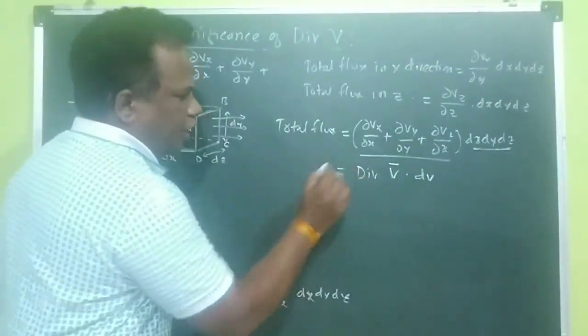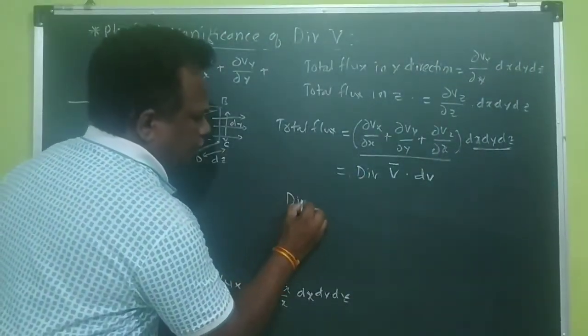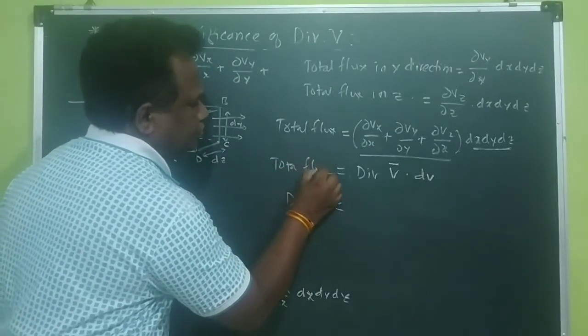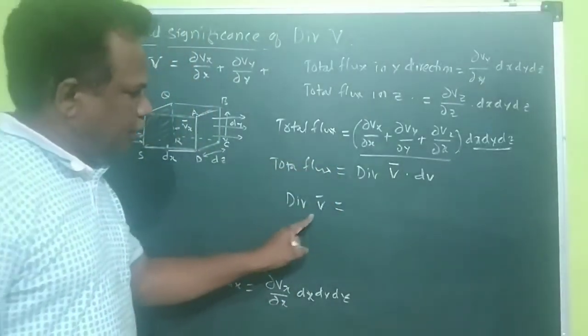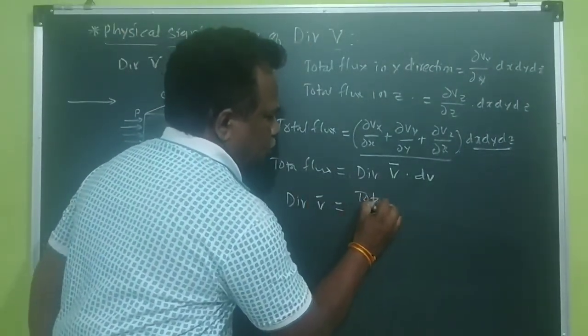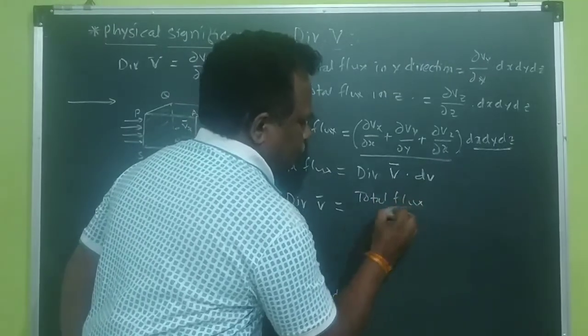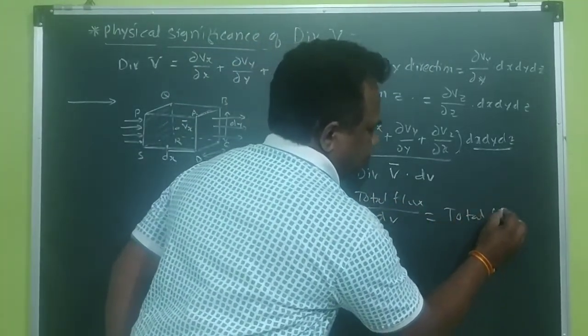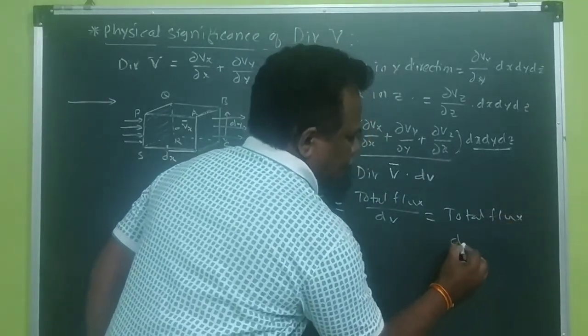So now we are going to express it in terms of divergence of V. The divergence of V bar is equal to, so this is total flux, is it? So divergence of V is given as total flux divided by dV. Here dV is equal to 1.